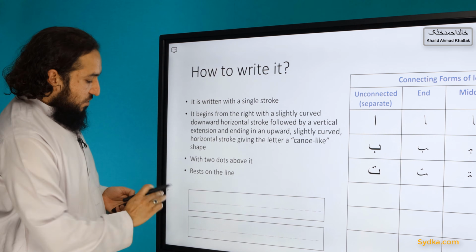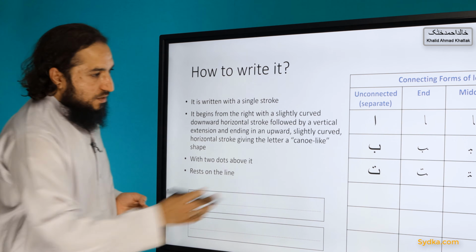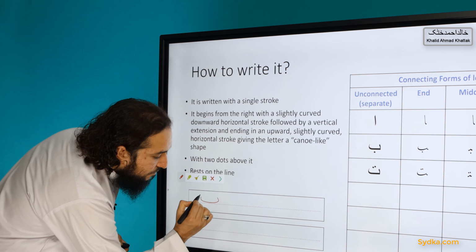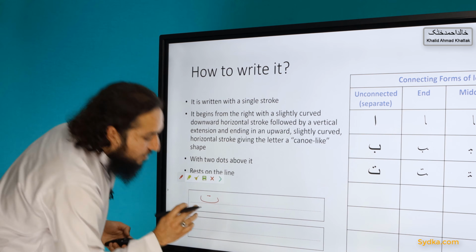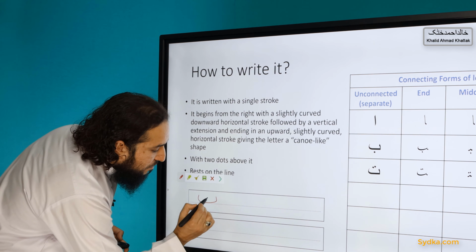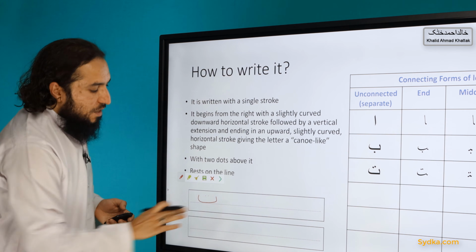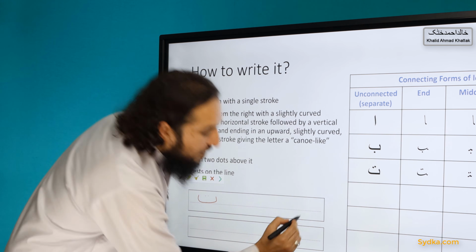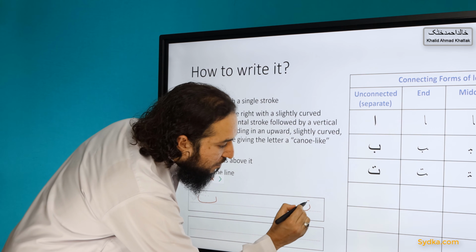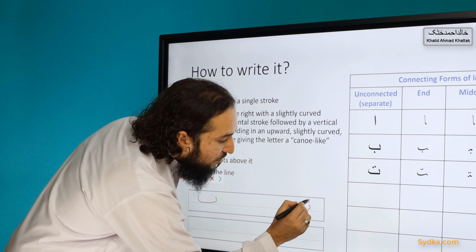Now the practical: how to write it. In its separate form, you start like this, one line, two dots, one, two. It stays on the line. If it's in the beginning, two dots, one, two.